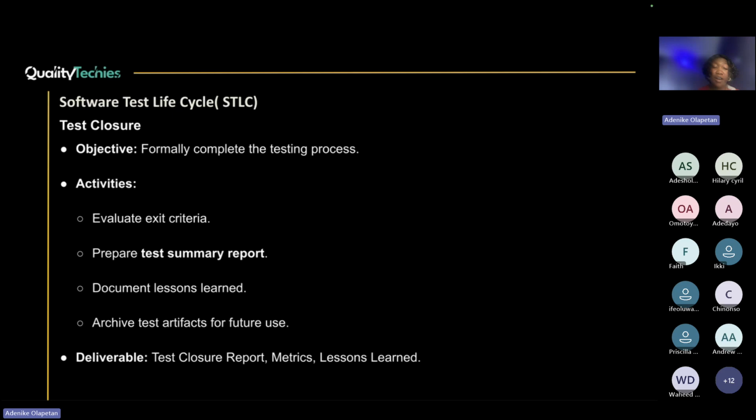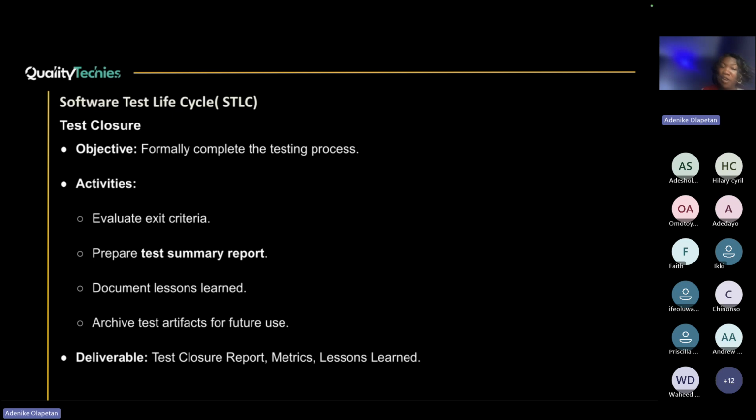You also specify recommendation. Let me say there's something that didn't go well while you're testing. You want to specify in your test summary report so that whenever the application goes out there and the business team raises any issue, they can go back to your test summary report and verify that, yes, this QA has already stated that she couldn't test this because of environmental issue.